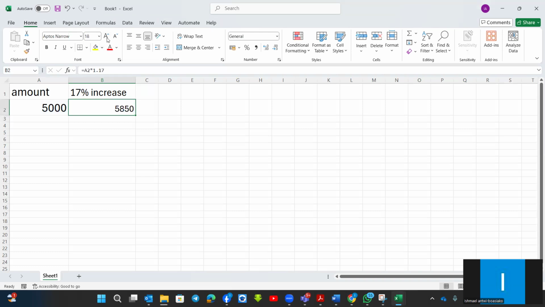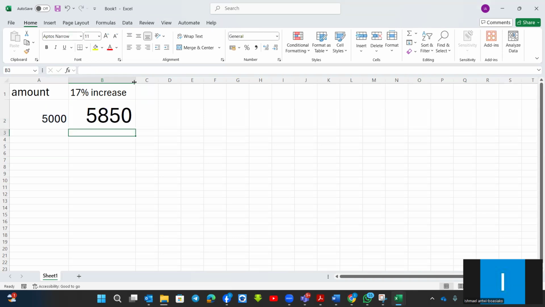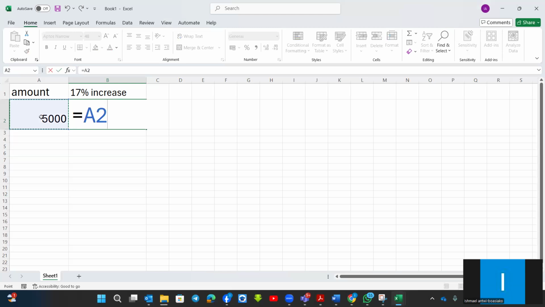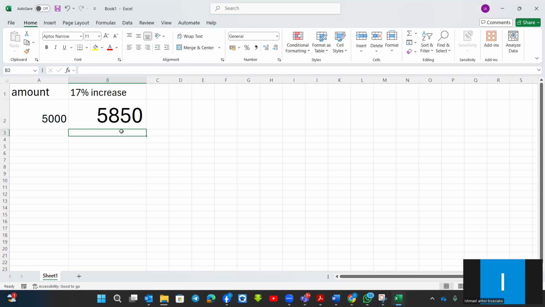So as you can see, if I say times 1.17, I get the same answer. Or alternatively, I could have just said equal sign 5,000 rand times 117%. Remember, I'm adding the 17% to 100%, which is 117%. I got the same answer. That is when you increase 5,000 by 17%, the new amount will be 5,850.